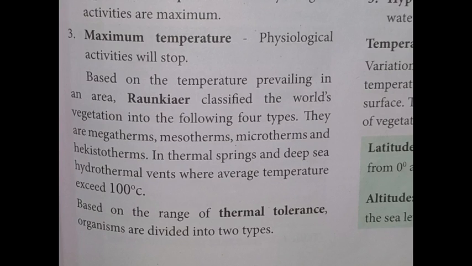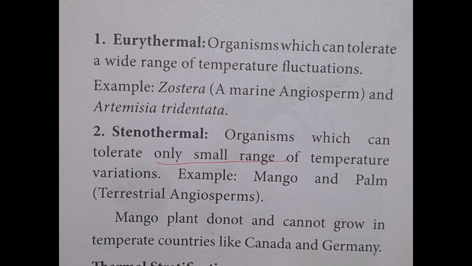In thermal springs and deep sea hydrothermal vents, the average temperature exceeds 100 degrees Celsius. Based on the range of thermal tolerance, organisms are divided into two types. They are eurythermal organisms and stenothermal organisms.